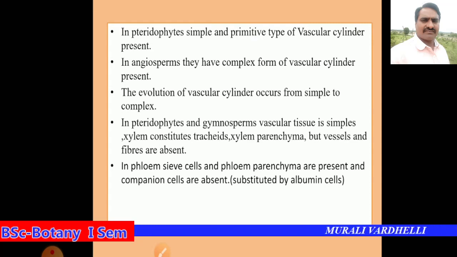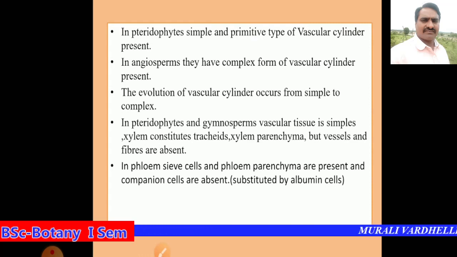The simple form is present for the first time in Pteridophyta. After that, a somewhat complex type is present in gymnosperms. A very complex type of vascular cylinder is present in angiosperms.